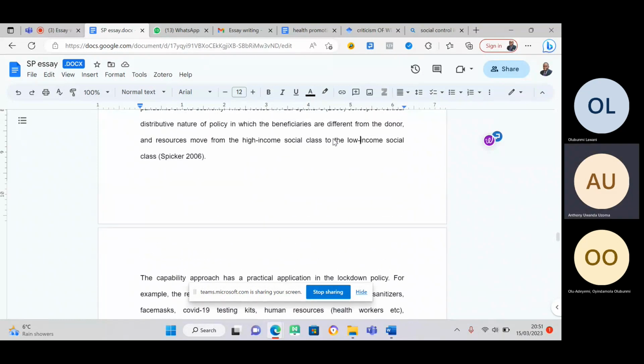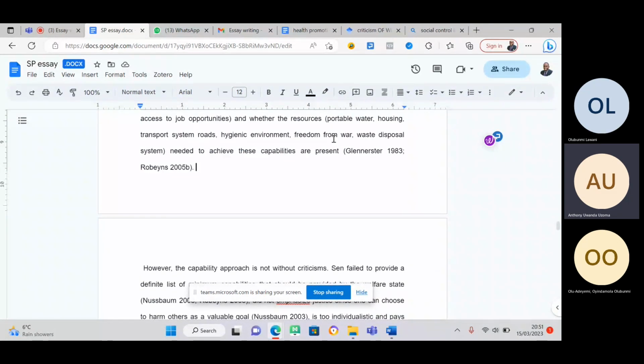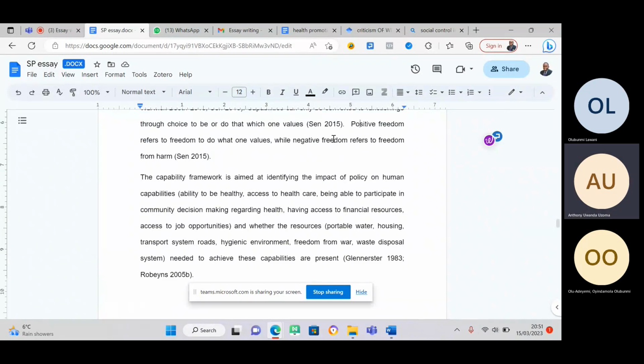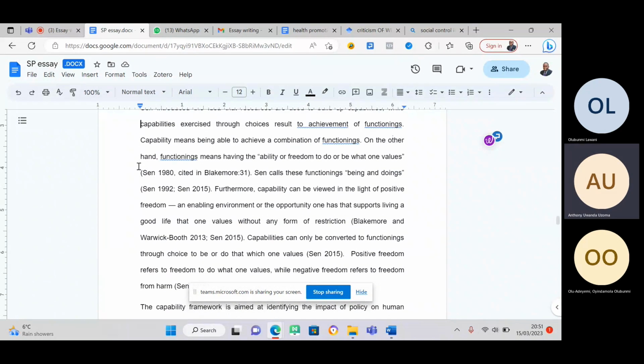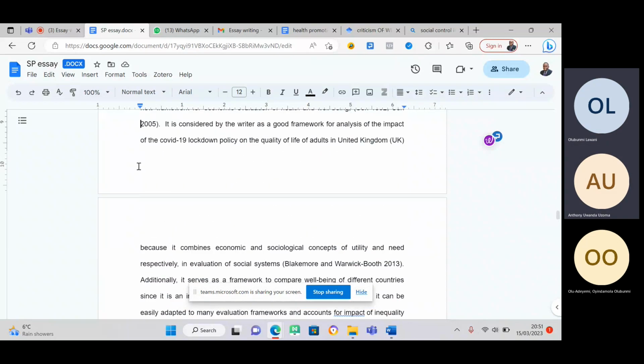Now I was supposed to discuss. Remember the key thing is the capability approach. I was supposed to discuss the capability approach. So that's why I spent time trying to discuss it at this juncture. Now I discussed the capability approach.